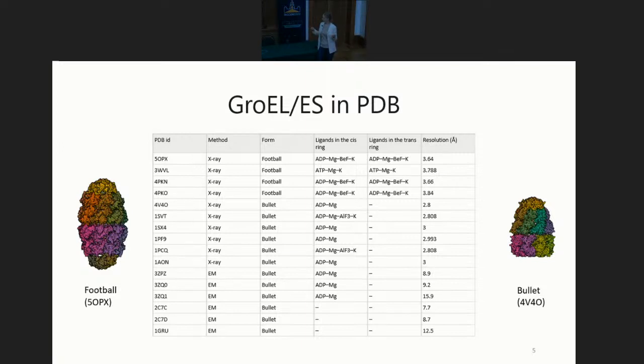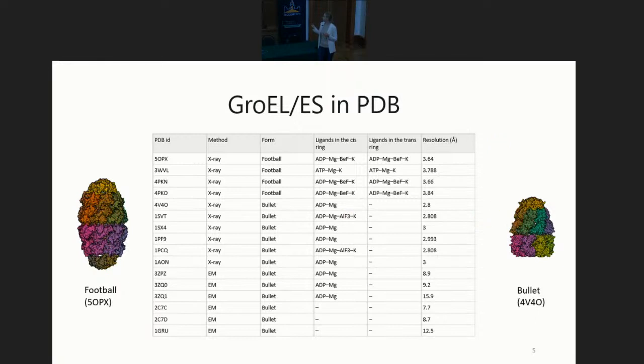So here is the PDB. Oops, I want to go back. Spoiler. Here is the method of structure determination. Here is the form.